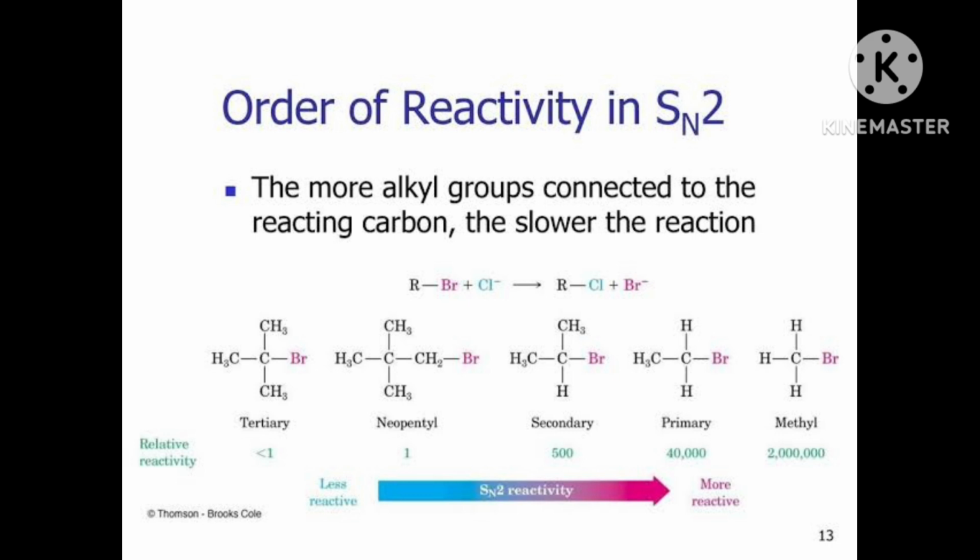The final result in SN1: CH3CH2CH2CH2Br is less reactive than (CH3)2CHCH2Br, and both primary are less than secondary, and secondary is less than tertiary.